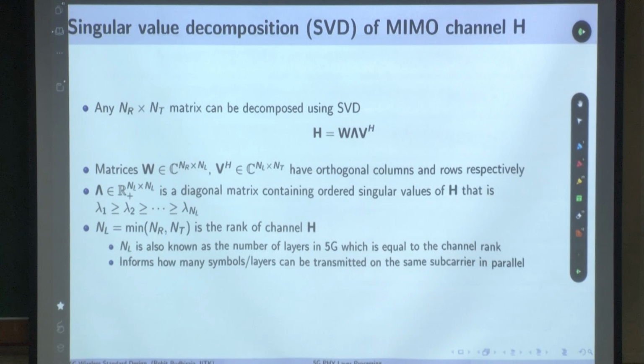For a 2x2 system, the number of layers was 2. What does this multiple layer transmission mean? You are basically transmitting, on the same PRB, double the number of symbols. If it is a 4x4 system, you will transmit 4 layers on the same PRB, 4 times the number of symbols on each PRB, right.